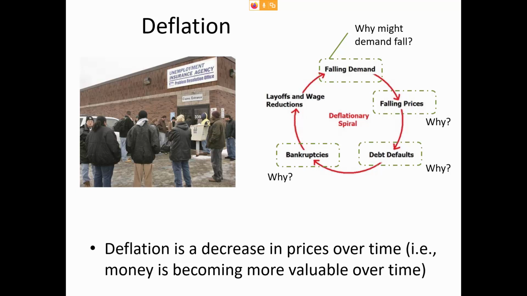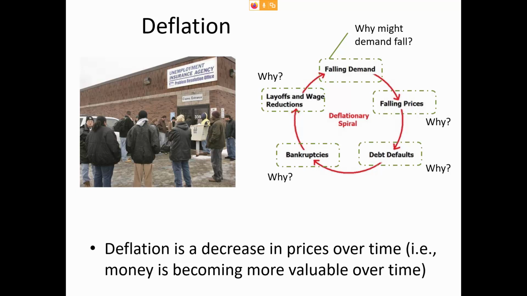Now those people aren't getting the revenue coming into them that they were expecting, and so it triggers layoffs, because you have less revenue coming in from the people that were supposed to be paying you. You can't pay your employees, and so that adds more people to the pool of unemployed who are earning less money, and then that further stimulates the falling demand.